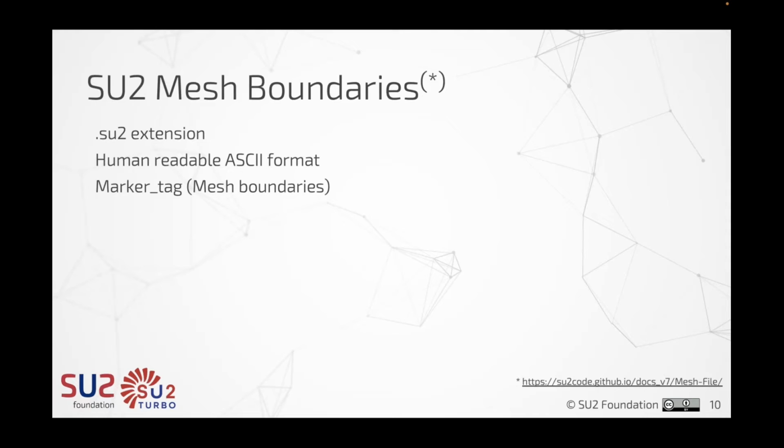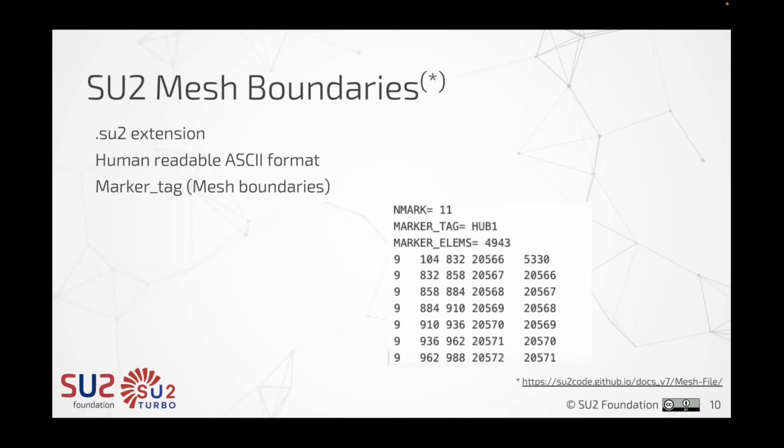boundaries in the mesh. So there is going to be a section in the mesh file that looks something like this, that starts with this keyword NMARK, followed by a number, which basically specifies the number of boundaries that we have in our mesh file.